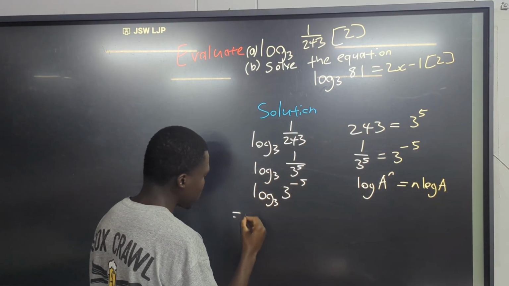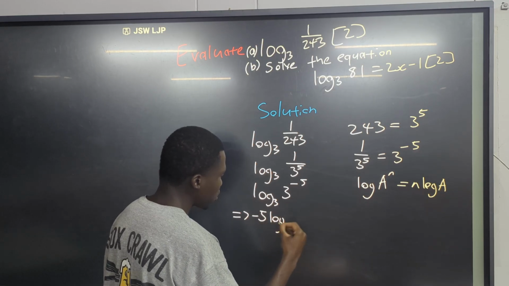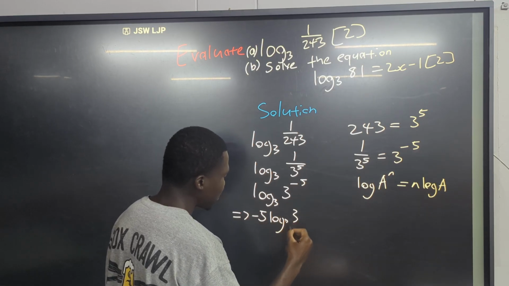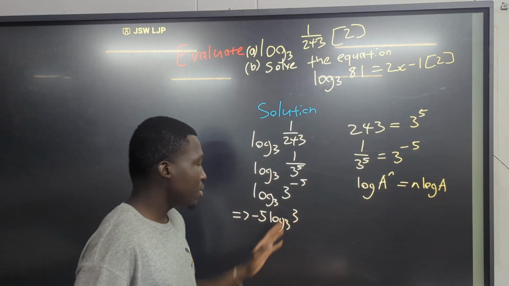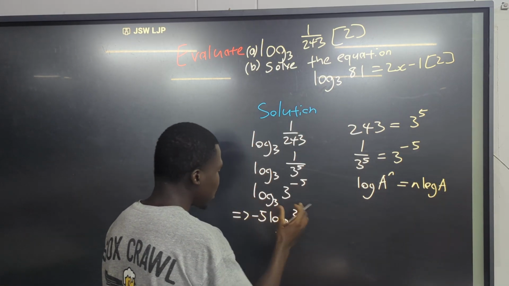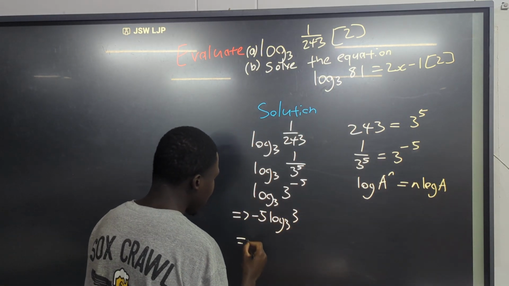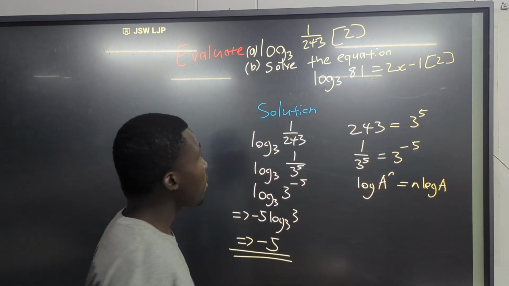This now becomes negative 5 log 3 base 3. But as we've said, if the argument and the base are the same, this equals 1, so we replace log 3 base 3 with 1. So our final answer becomes negative 5.